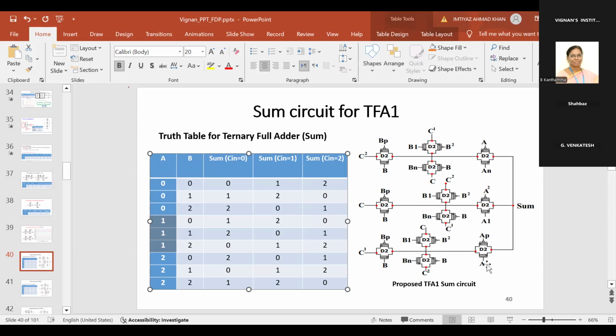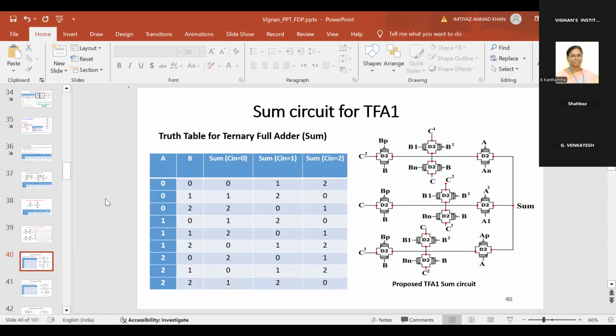When A is 2, then AP is 0, because of the inverter. This time this circuit passes all the values for A equal to 2, and B and C pass from this side.